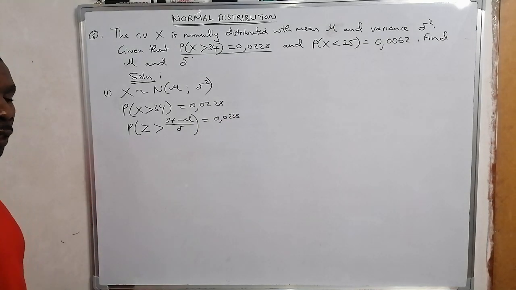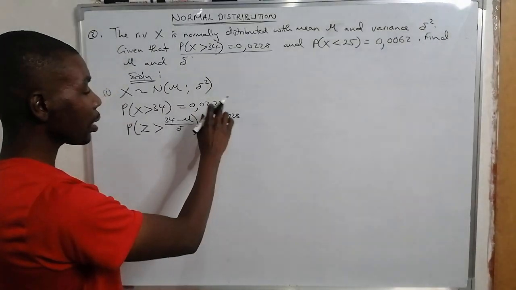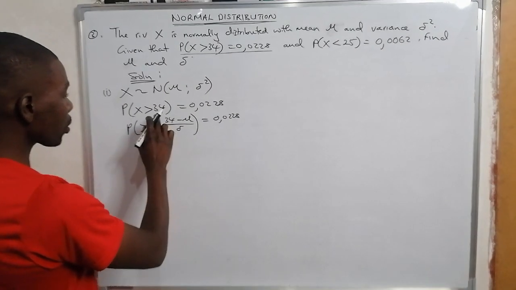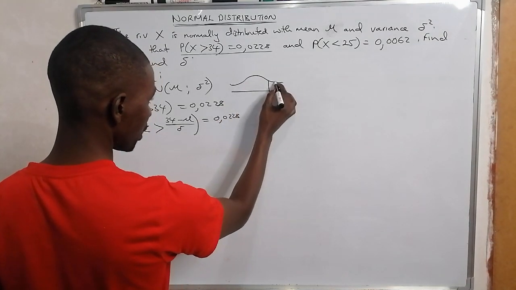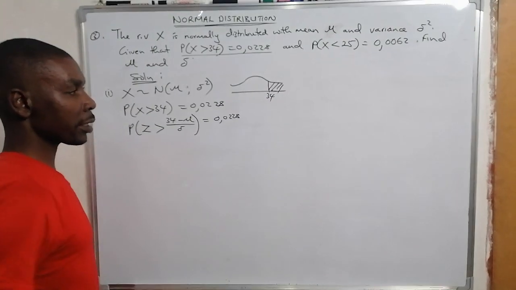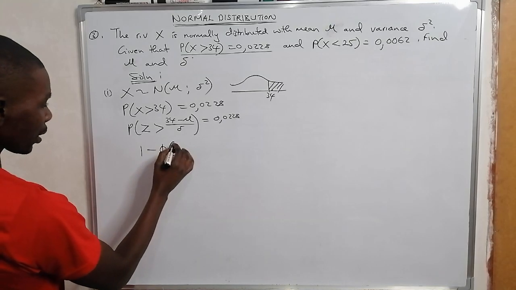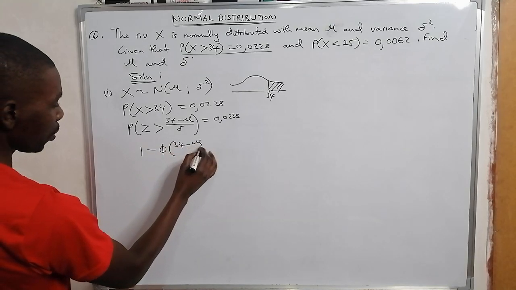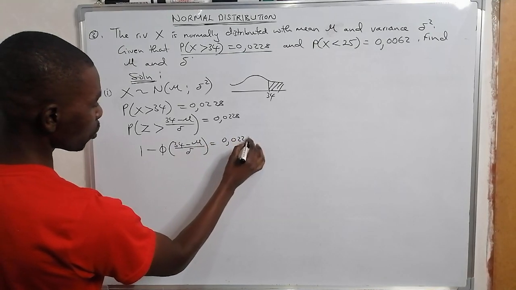Remember from our previous example, we said if this one is less than 0.5, we use 1 minus. Also, we can use our normal table. This is 34, and we want the part that is greater than, which is 1 minus phi of 34 minus mu all over sigma, that's 0.0228.